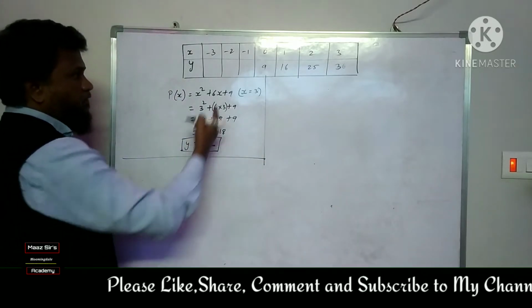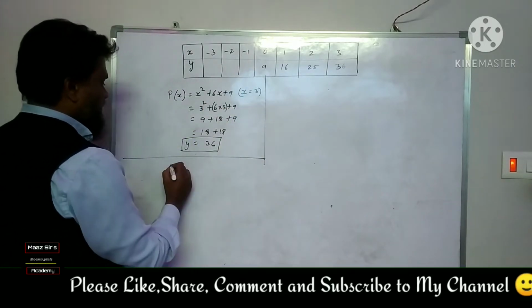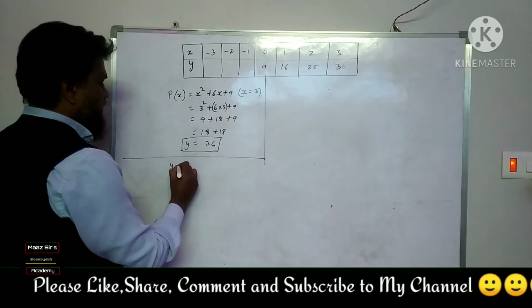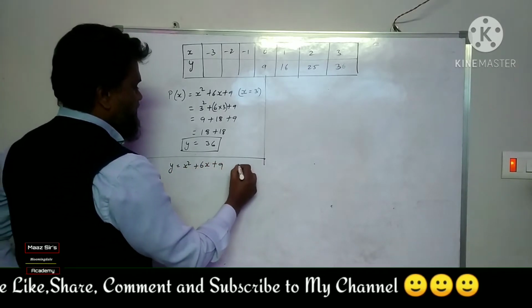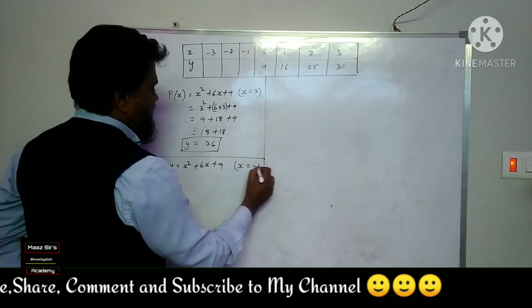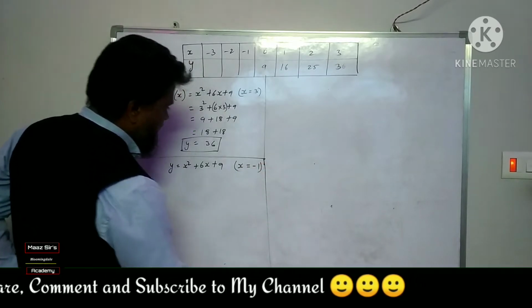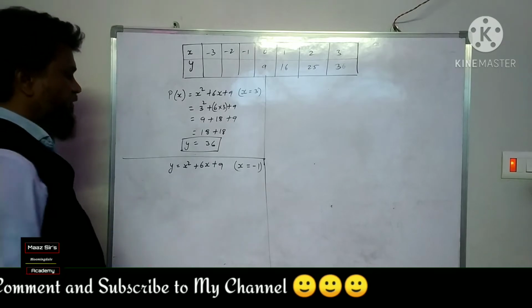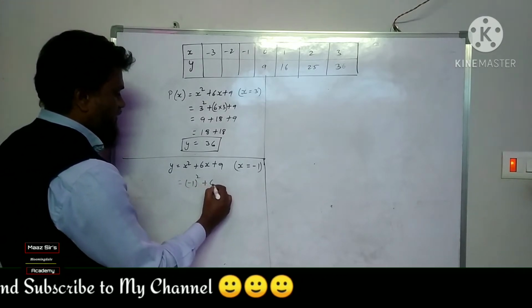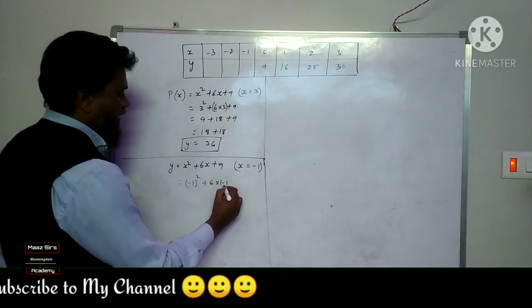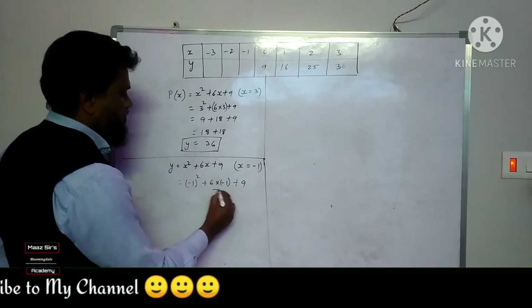Next, we will find out the value for minus 1. So here y is equal to x square plus 6x plus 9. X is equal to minus 1. So here you have to remember one thing. Minus 1 square plus 6 into minus 1 plus 9.